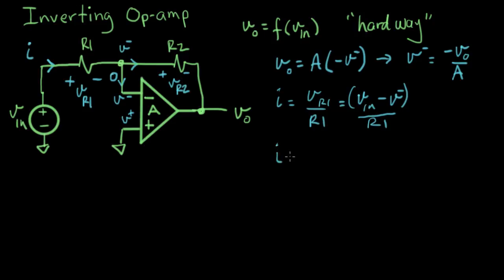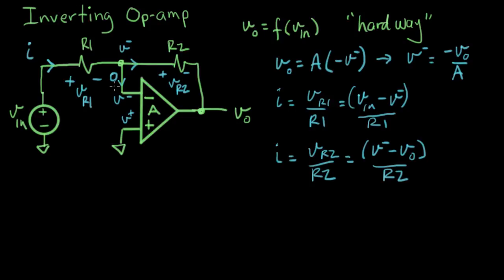I equals VR2 over R2, and I can write VR2 as V minus minus V out, over R2.